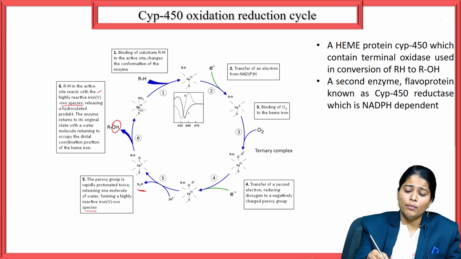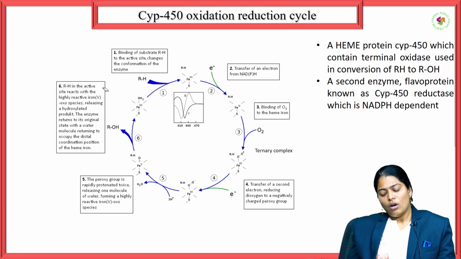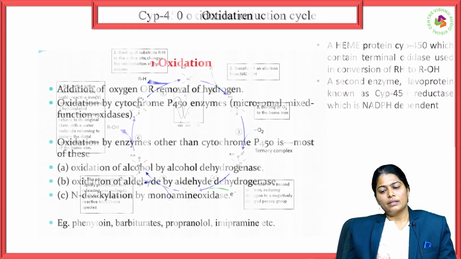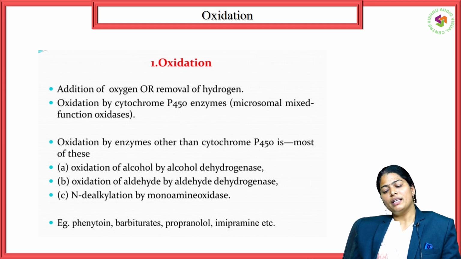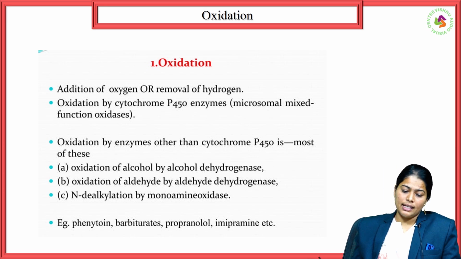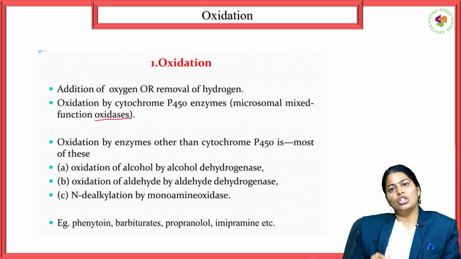So now we will discuss different mechanisms, mean to say oxidation, reduction, hydrolysis in phase 1 with examples. See, first one, oxidation. Oxidation means addition of oxygen or removal of hydrogen. So the oxidation by cytochrome P450 enzymes is by microsomal mixed function oxidases. So we already discussed the oxidase enzyme which is involved in the oxidation reactions.